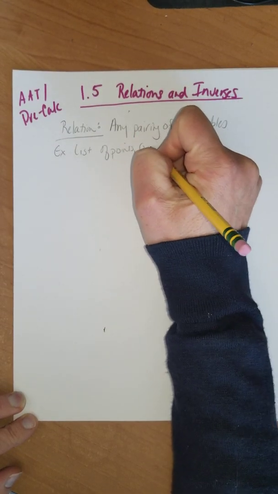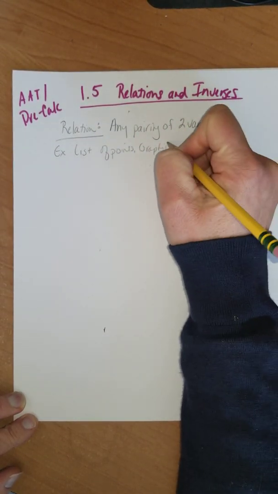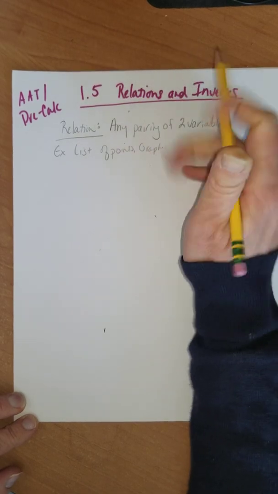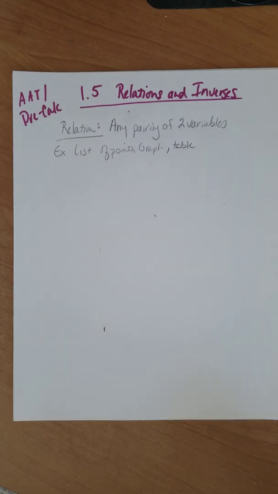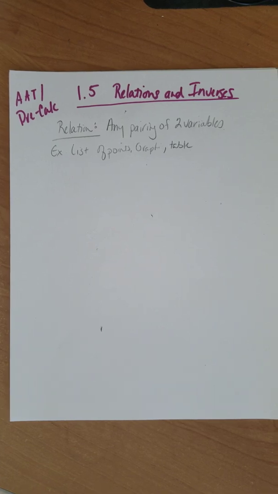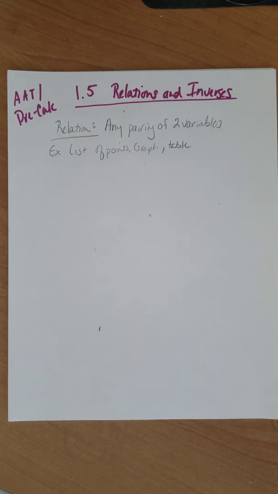They could be in a graphical form, just in a graph. We could also show them in a table, all the different pairings that we have. But that's what a relation is. I think in the past what I've used is a relation of age and shoe size. So your X would be your age and your Y would be your shoe size, and we would make a list of those, and that would be my relation.